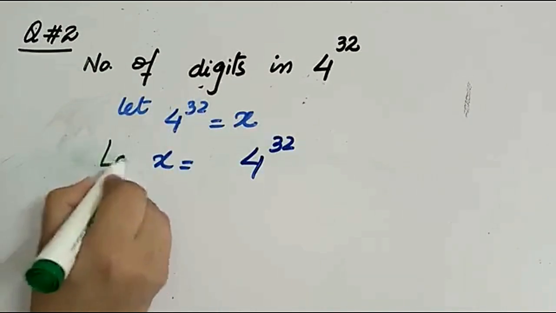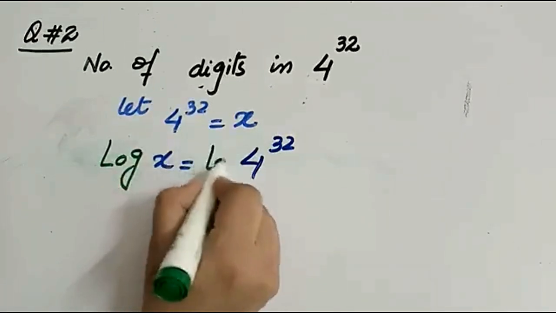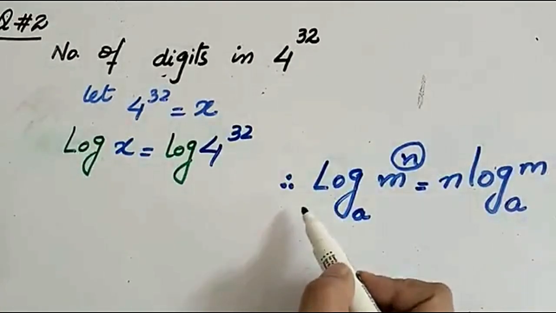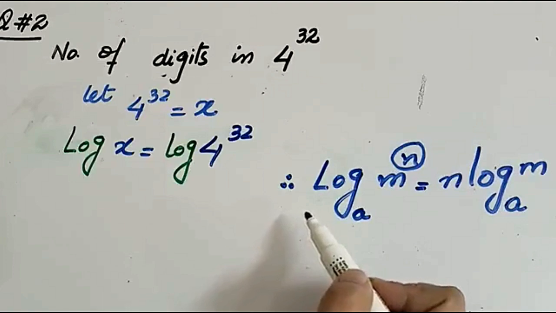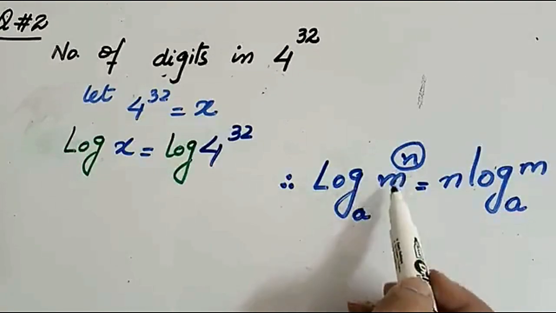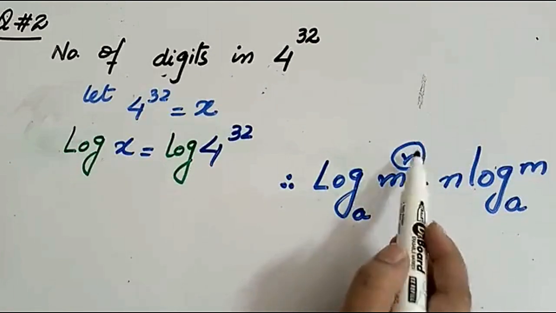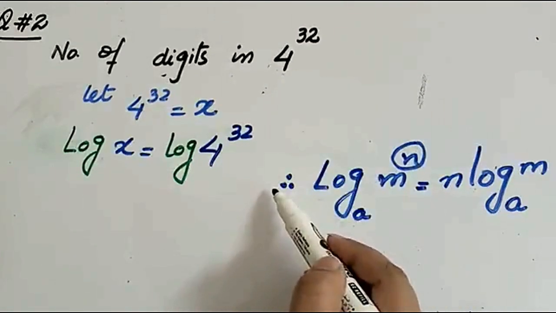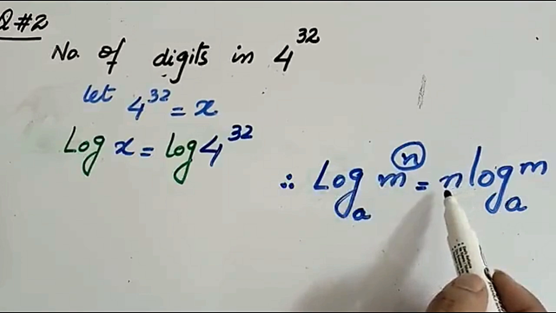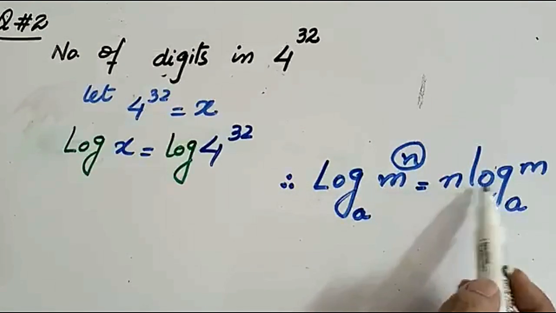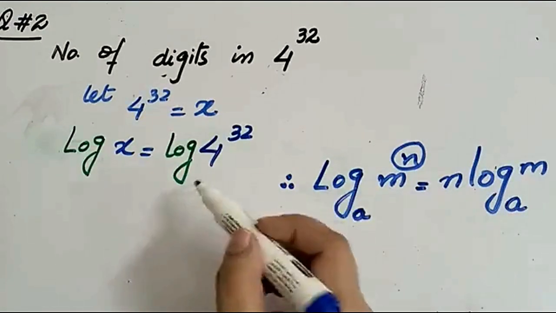Now taking log on both sides, and we know by the third law of logarithm that states m raised to the power n to the base a is equal to that n comes out from the logarithm and it will be written as n log m to the base a.